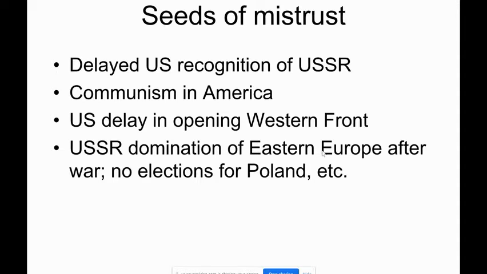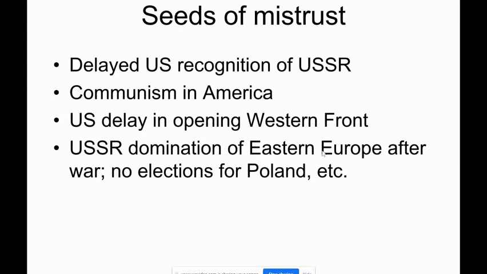What that means is that they had a government and they had leadership, but those weren't the real leaders. The real power was back in Moscow and Russia. Those governments were taking their orders from people in the Soviet government back in Moscow. And we see this in places like Latvia and Estonia and Moldova and Belarus and Ukraine and all these places that come under the domination of the Soviet Union.